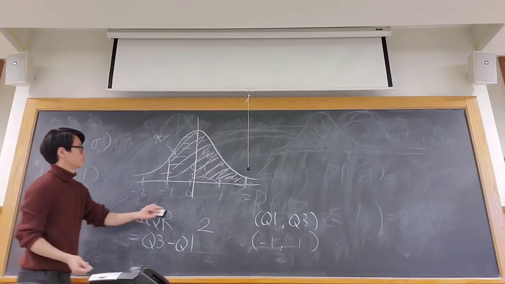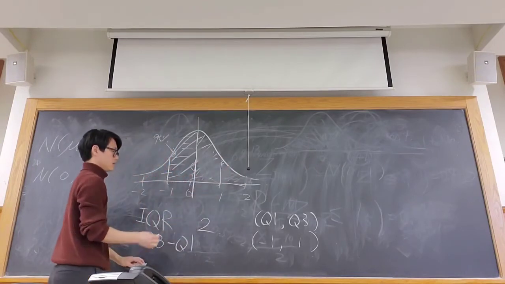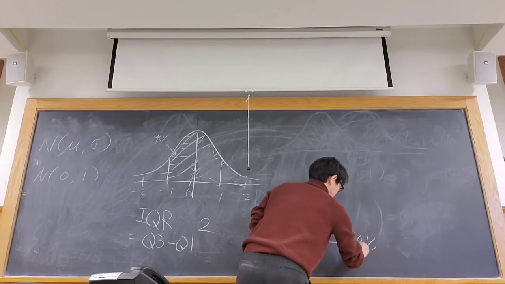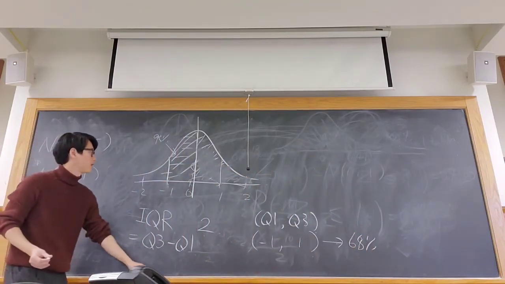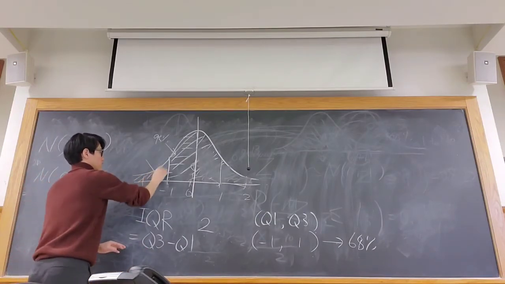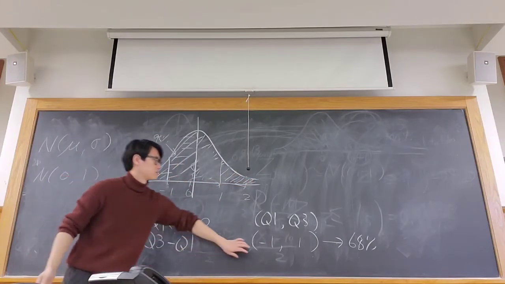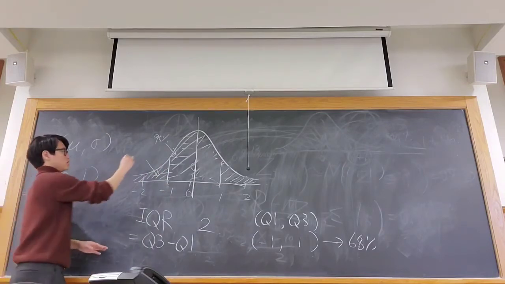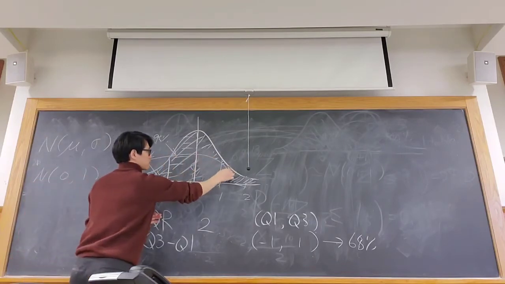And then what we actually did, I know this one captured the 68%, right? How about the rest of that? I'm asking, what is the percentage corresponding to outside of that range? It will be 32%. This one plus this one.